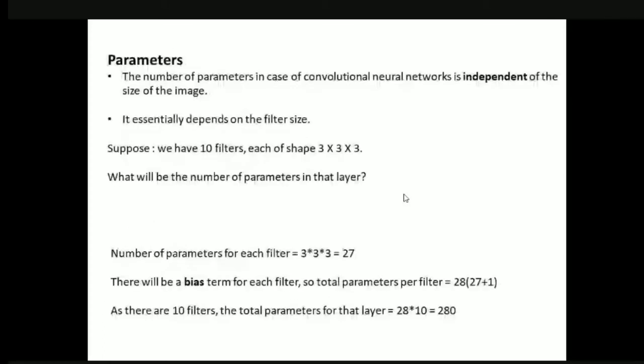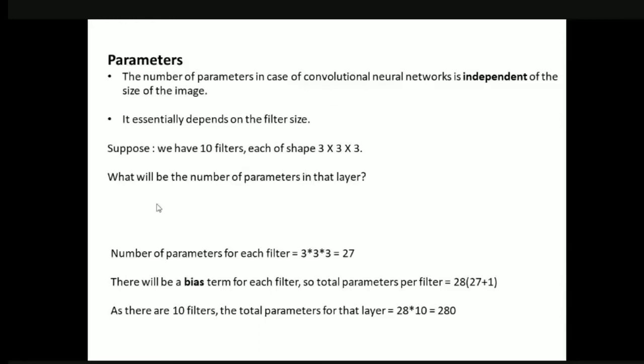So next, about parameters. Discussing parameters is also important when we discuss convolutional neural networks. The important thing to consider, and the advantage of convolutional neural networks, is that the total number of parameters in our CNN is independent of the size of the image.